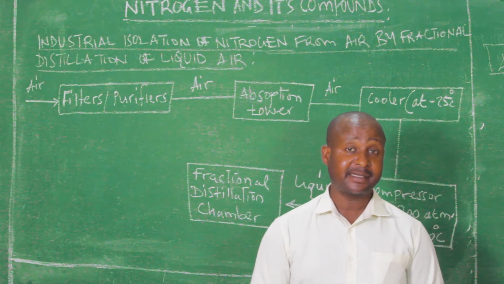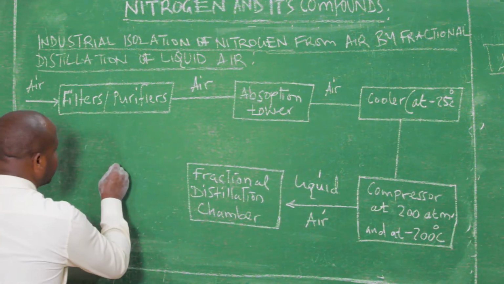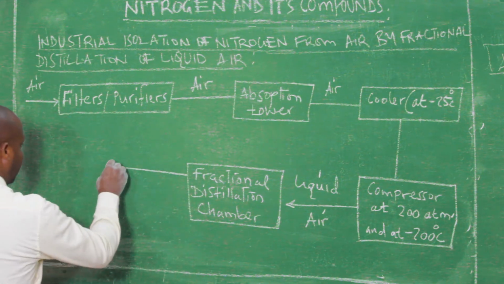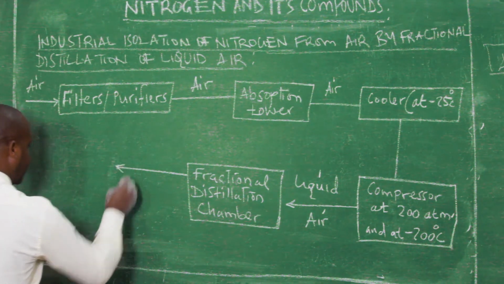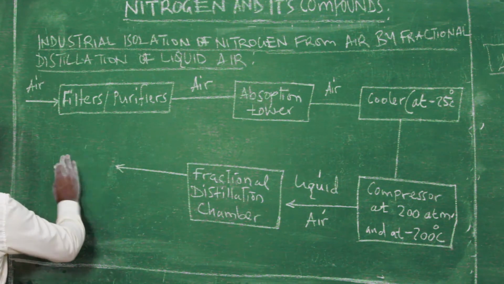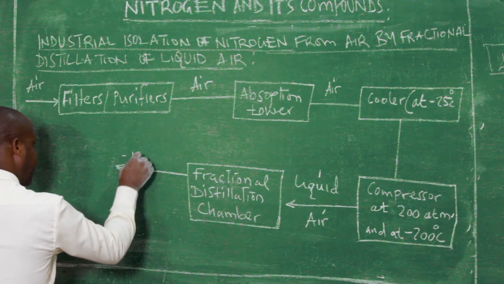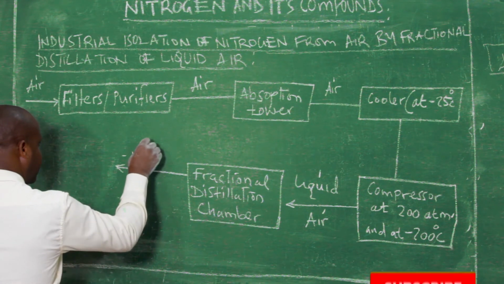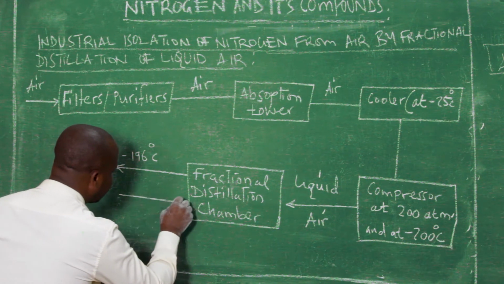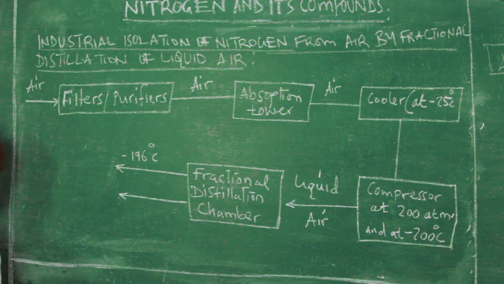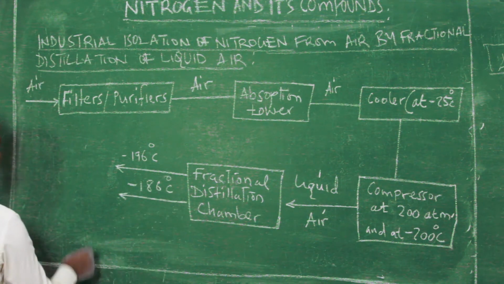Usually it vaporizes out fast. And nitrogen comes out at a temperature of negative 196 degrees Celsius. Then rare gases come out at a temperature of negative 186 degrees Celsius.